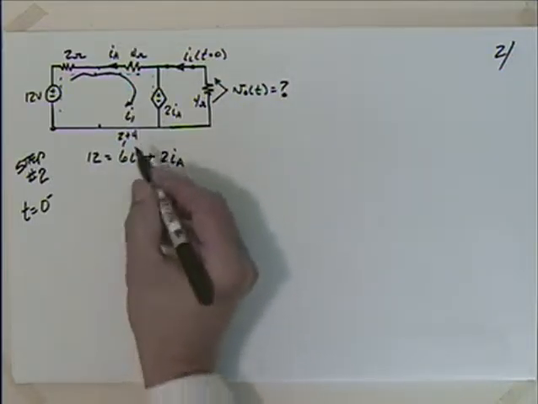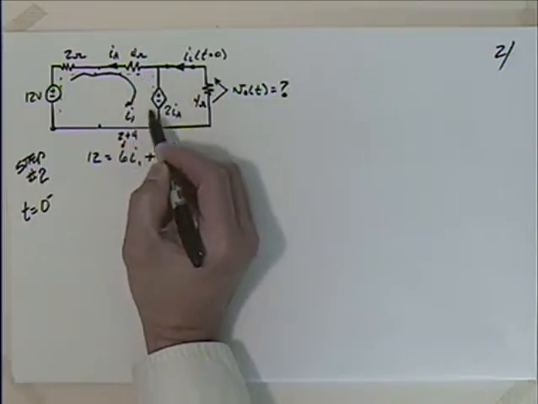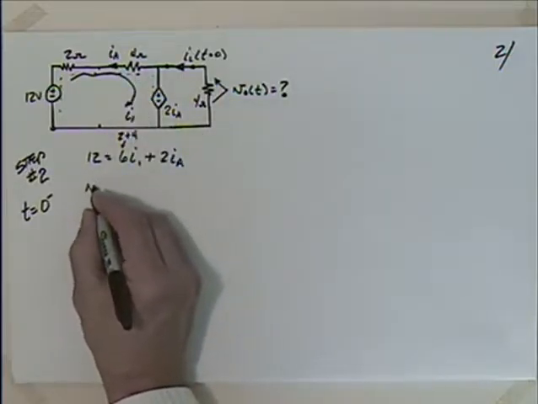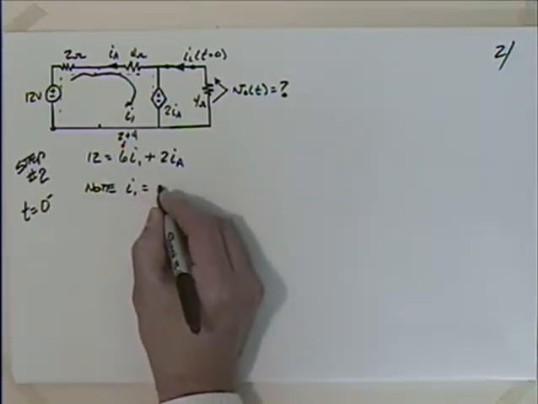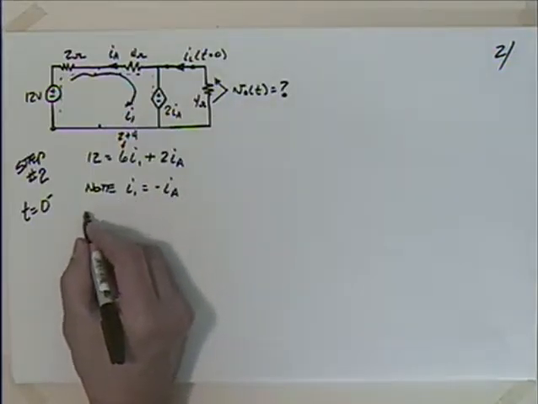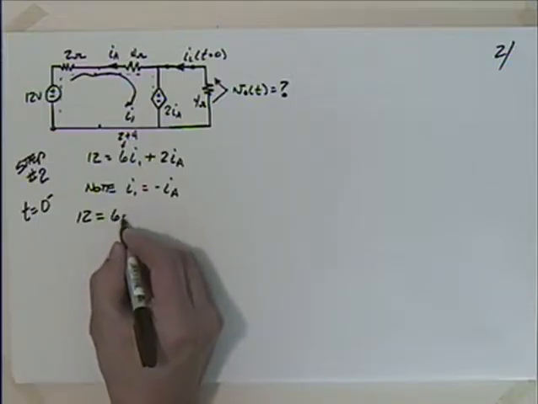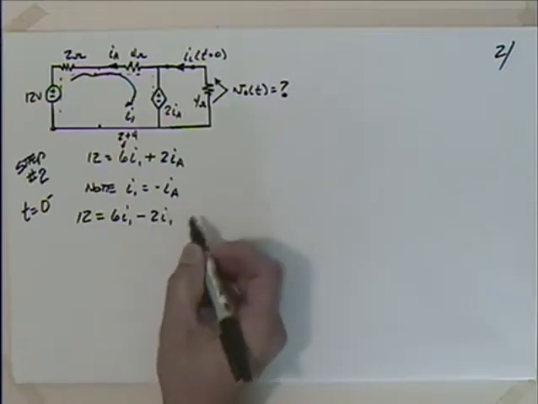Now I can note here that this I1 going like this is actually just opposite IA. So note that I1 is equal to minus IA, and when I make that substitution, I have 12 equal to 6I1 minus 2I1.